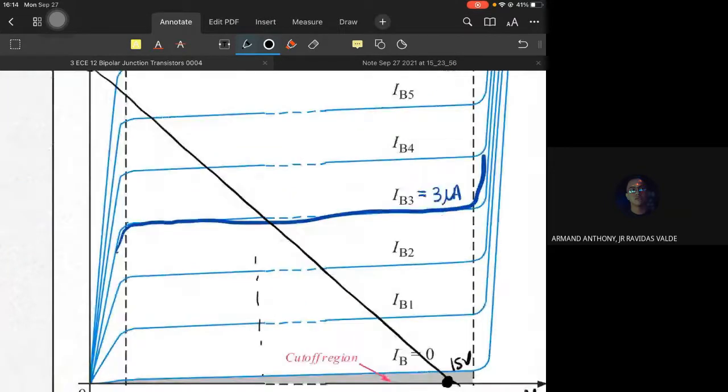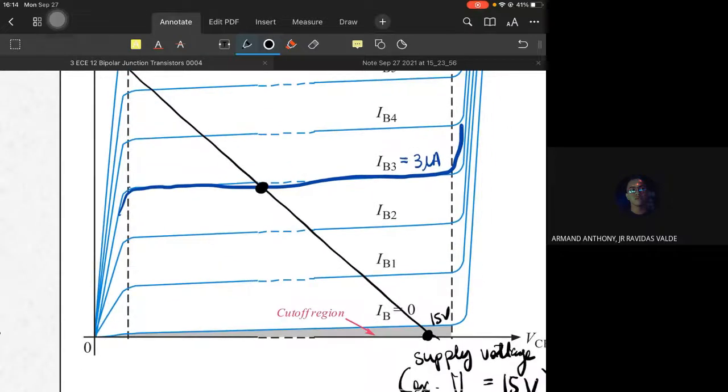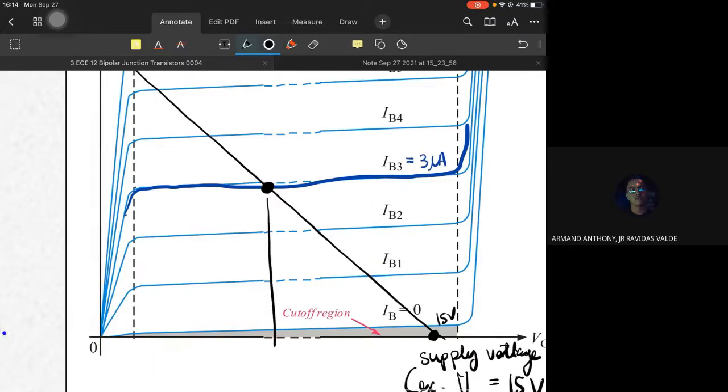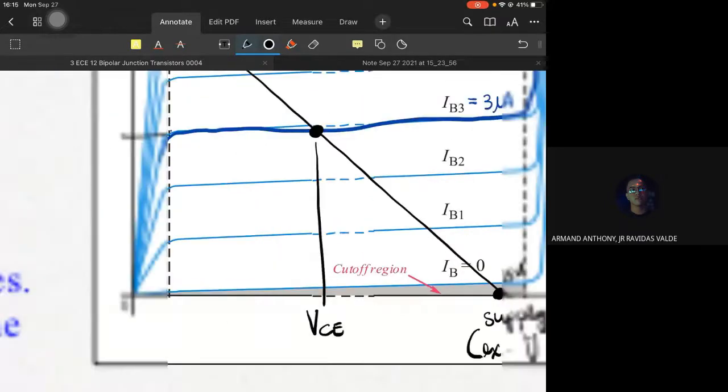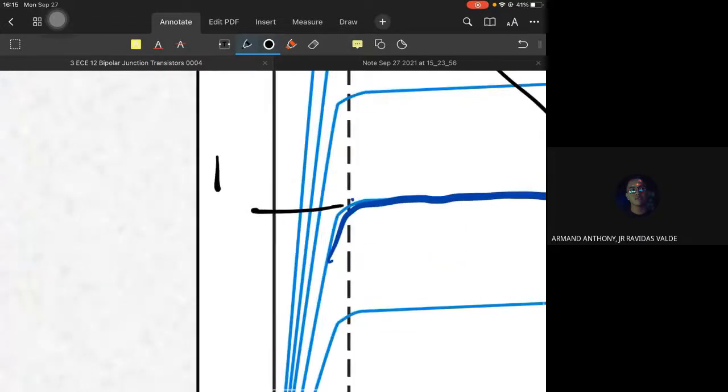And asa ilahang intersection, atong i-project siya sa x-axis o sa y-axis. Kung asa mo-fall, mao na ang value sa atong VCE, o sa y-axis, mao ang value ni IC.